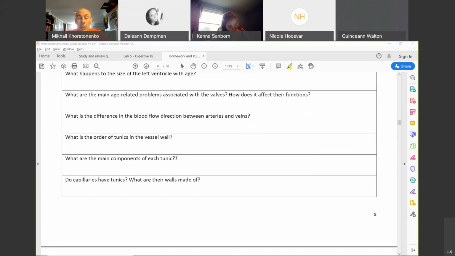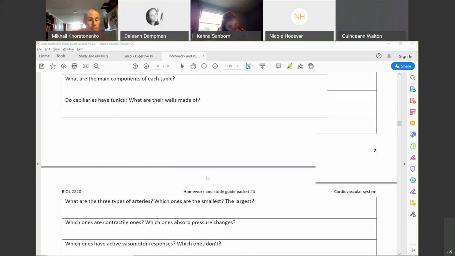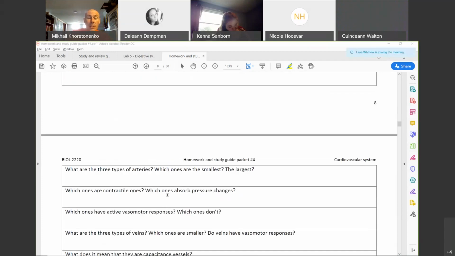Tunica media is smooth muscle, and tunica externa is connective tissue. Capillaries do not have tunics, they just have endothelial cells on the basement membrane. Three types of arteries: elastic, muscular in the middle, and arterioles the smallest.